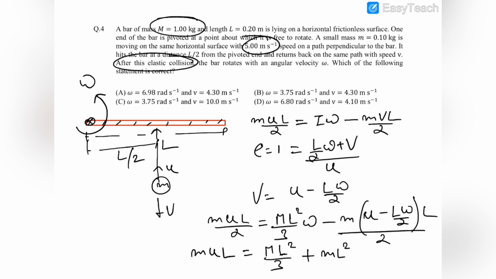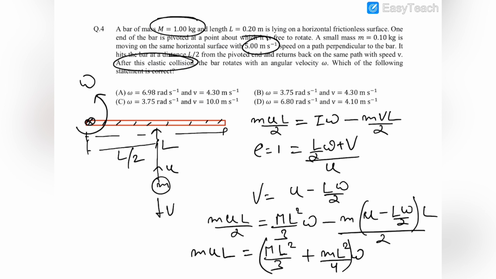So this is m L square omega by 4, and omega is common.